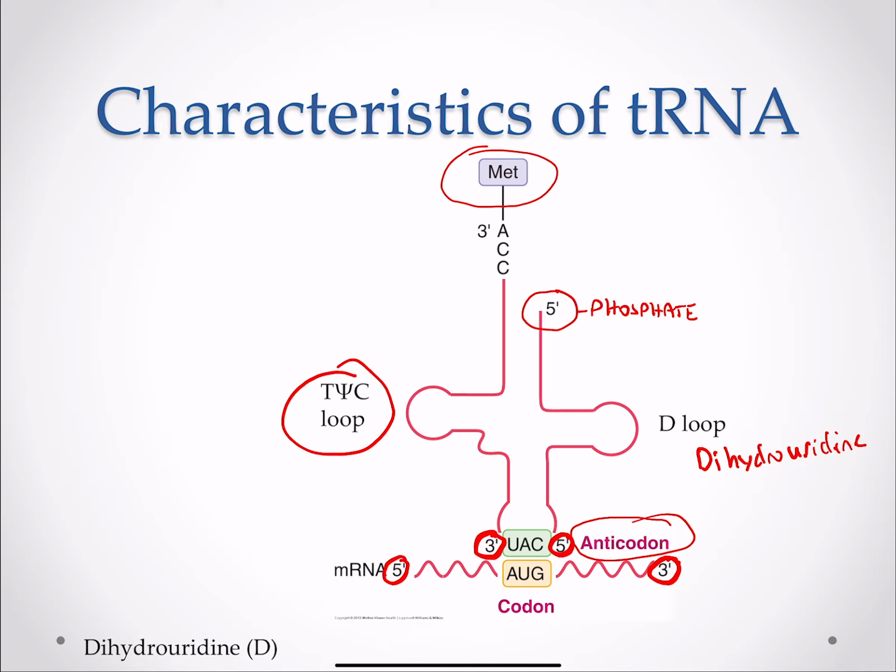So it's going to be 3' to 5'. So the first base in the codon will pair with the third base of the anticodon. So this is an anti-parallel alignment, which is similar to our DNA molecules.